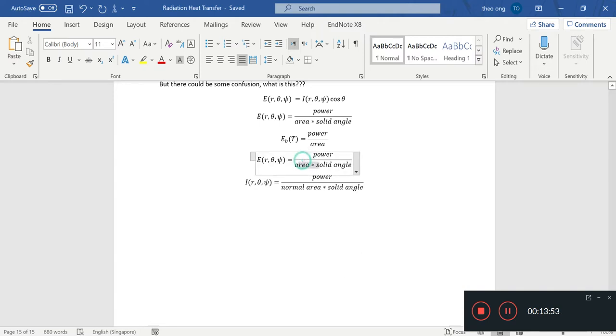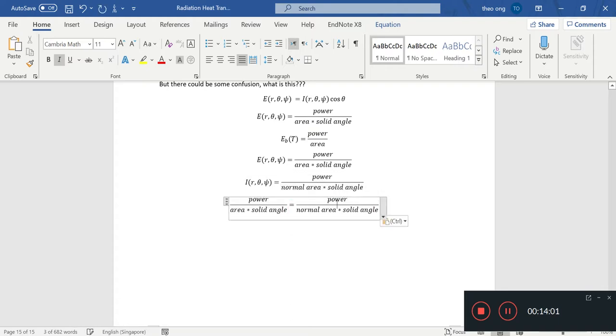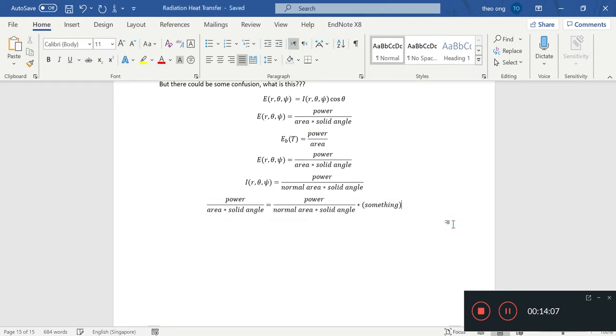So you have the power per unit area per unit solid angle times something. What is that something? Let's see what's the relationship between area and normal area?